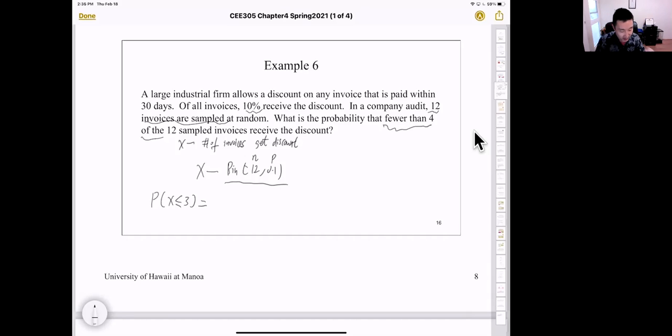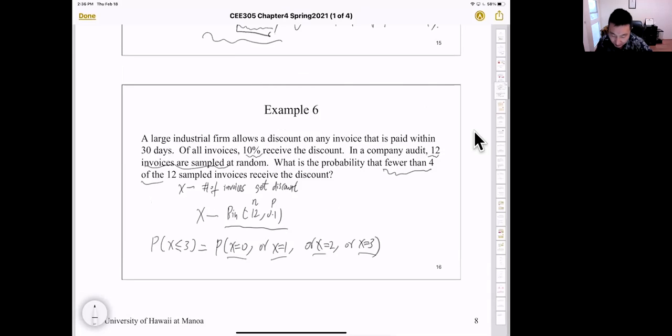So we're going to add the probability that 0 invoices get a discount, or 1 gets a discount, or 2 get a discount, or 3 get a discount. We add the probabilities of these together.